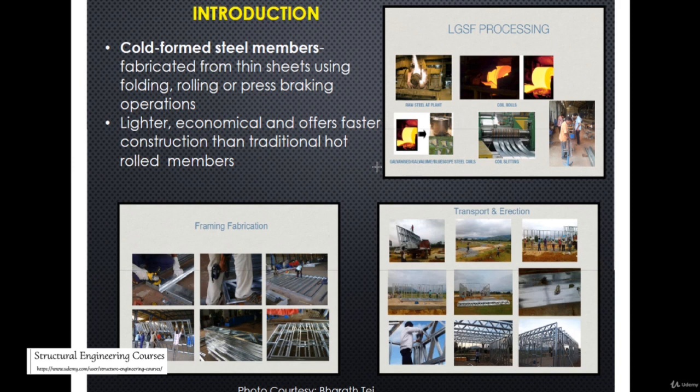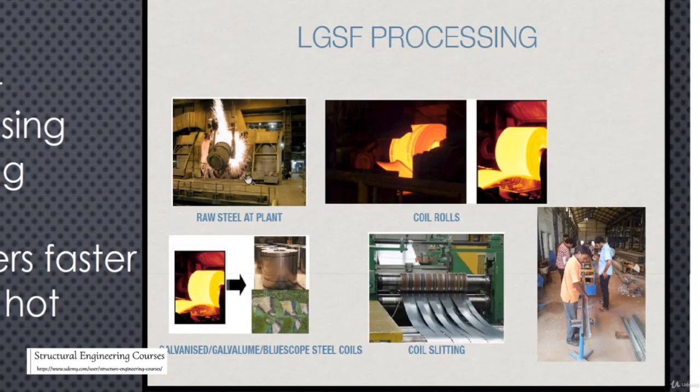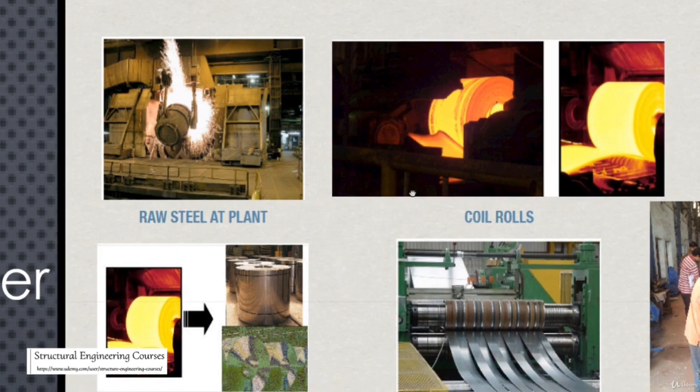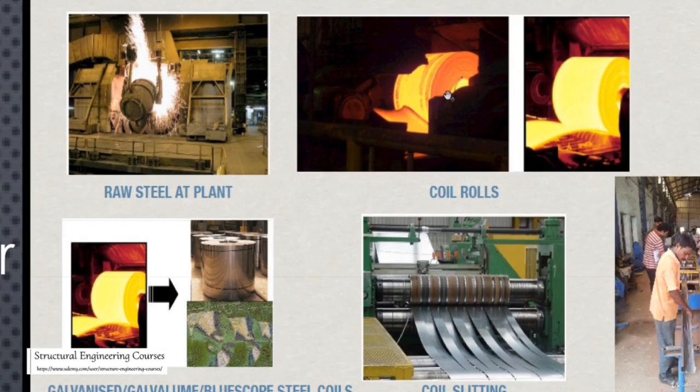I shall explain that in the next slides, but in this slide I want to give you a brief introduction of how these cold rolled structural steel sections are made in the mill. Here you can see the raw steel at the plant, and from this raw steel we make coil rolls.